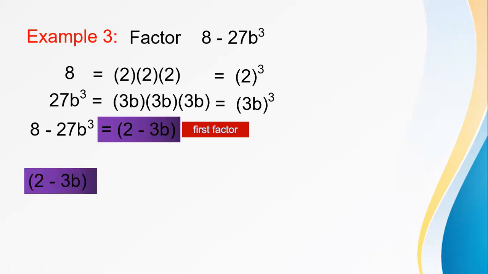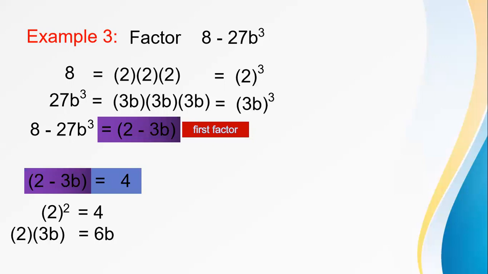Next, 2 minus 3b. So get the square of the first cube root. So we have 2 squared, it means 4. Then multiply the two cube roots. So the first term is 4. Multiply 2 times 3b, we have 6b. So that will be your second term.